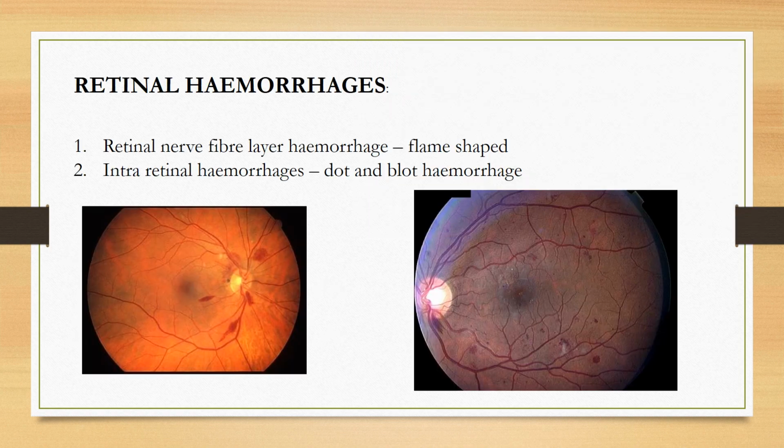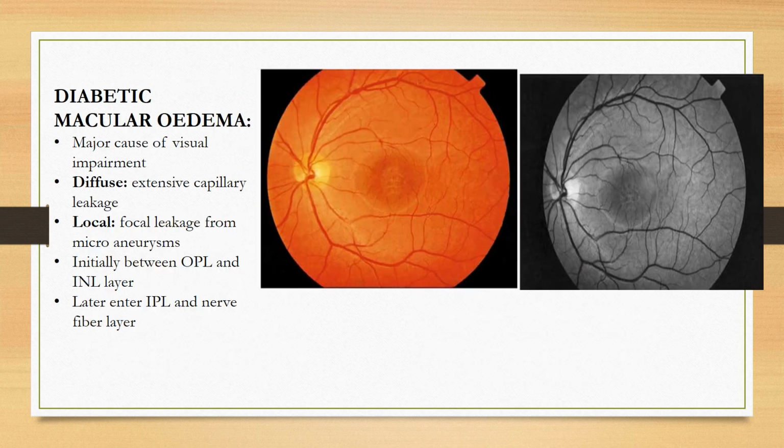Then here it is retinal hemorrhage, both dot and blot hemorrhages. Then comes macular edema, which is a very troublesome symptom for the patient because it involves the macula.